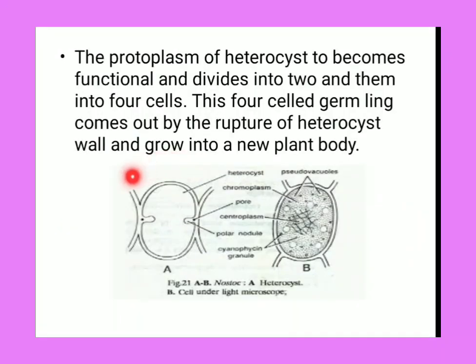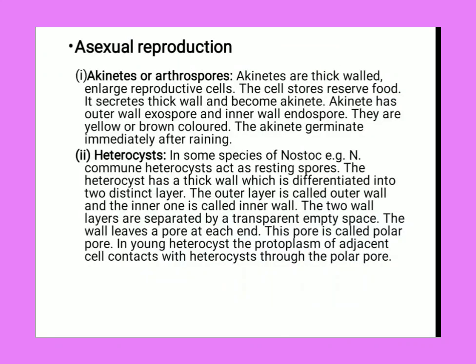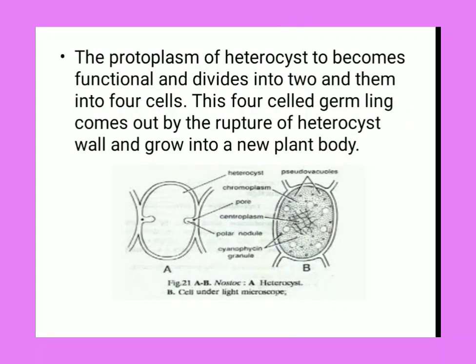Okay, this is one heterocyst cell. It has two polar pores. The protoplasm of the heterocyst becomes functional and divides into two and then into four cells.